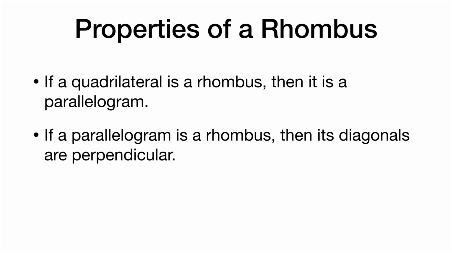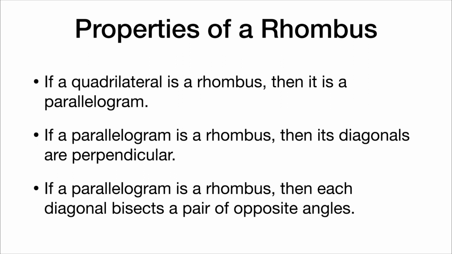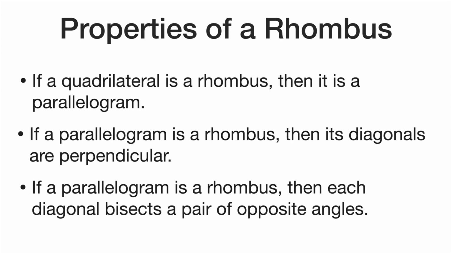The diagonals will not necessarily be congruent if it is a rhombus. If a parallelogram is a rhombus, then each diagonal bisects a pair of opposite angles. So each angle is also going to be bisected by the diagonal. This will be important for later.